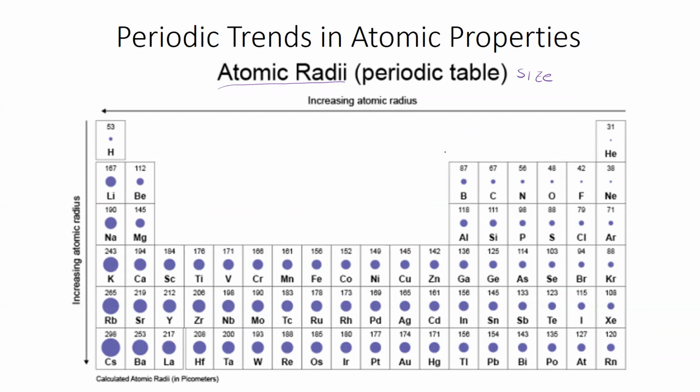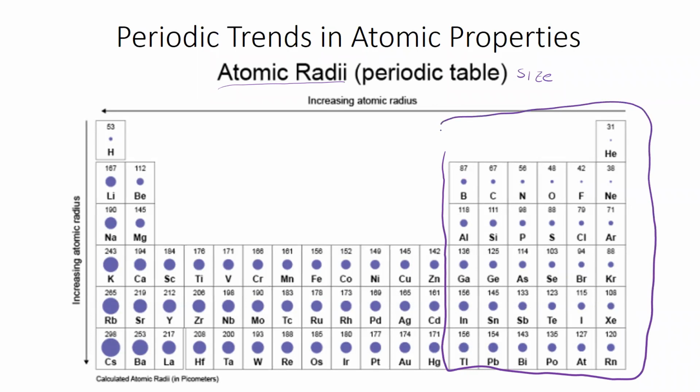What we're going to be interested in here is really two parts of the main group: the part I'm circling on the right, which is the p block, where the last electrons you put into the electron configuration fall in the p orbitals, and then the s block. We're not going to worry about the atomic sizes of the transition metals or the lanthanides and actinides here. We're going to stick with just the main group.